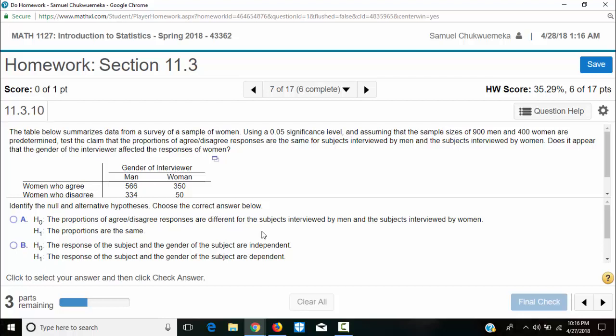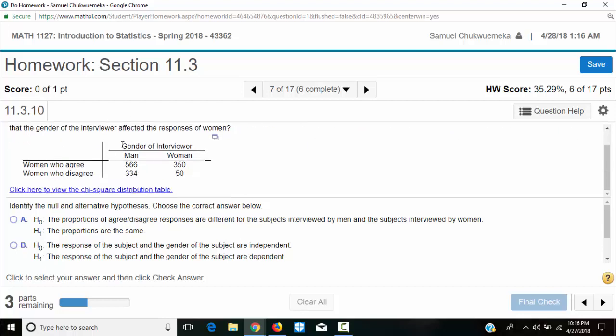Using a 5% significance level and assuming that the sample sizes of 900 men and 400 women are predetermined, test the claim that the proportions of agree/disagree responses are the same for subjects interviewed by men and the subjects interviewed by women. Does it appear that the gender of the interviewer affected the responses of women?